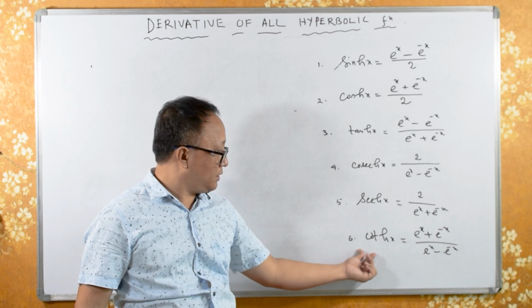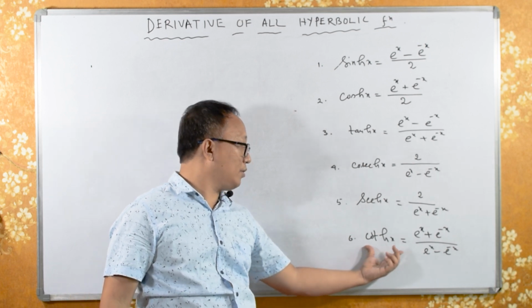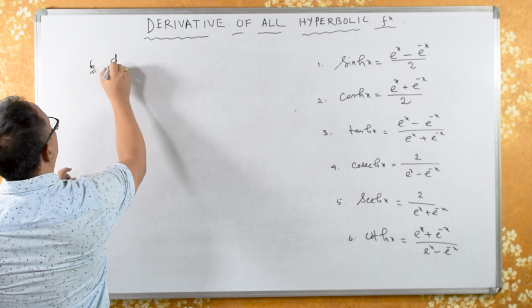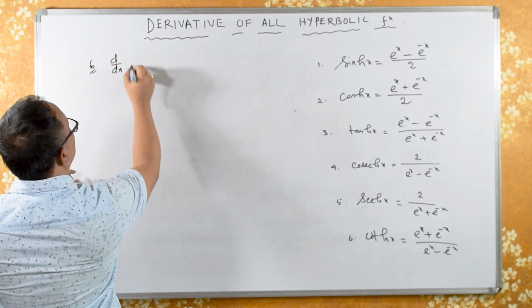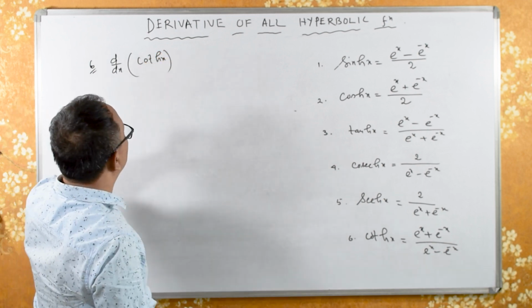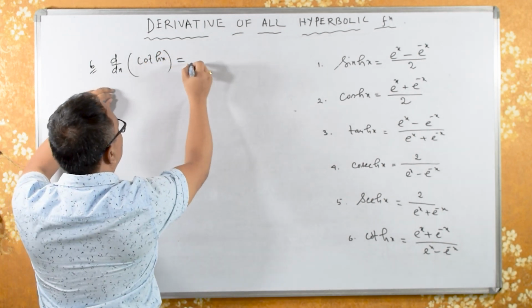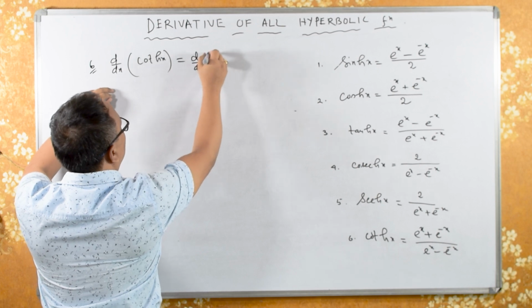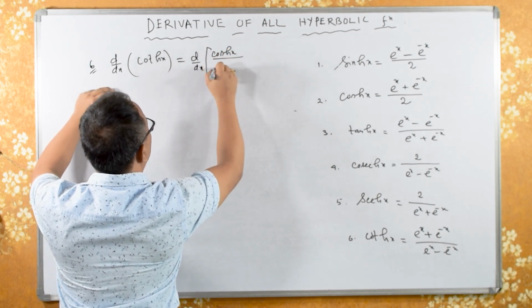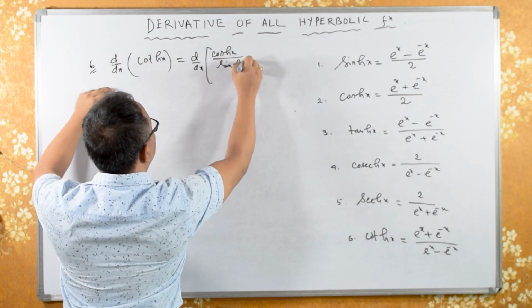Next, let's find the derivative of cot hyperbolic x. Now number 6, d/dx of cot hyperbolic x is the same as, cot is cos by sine, cos hyperbolic x upon sine hyperbolic x.